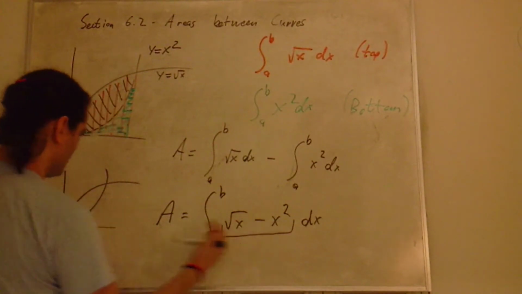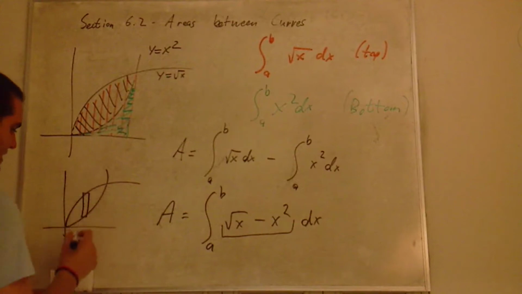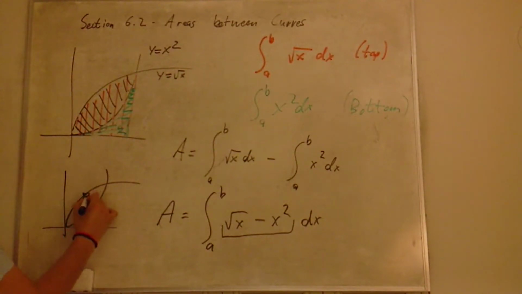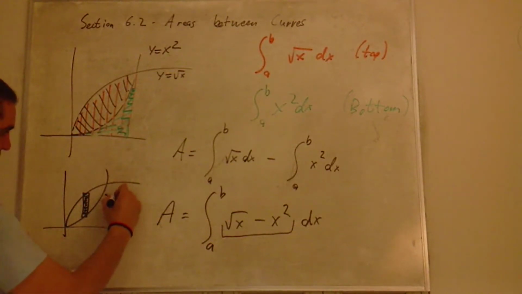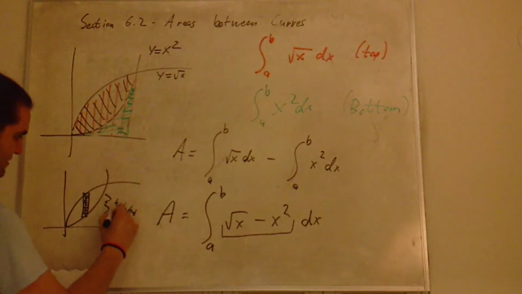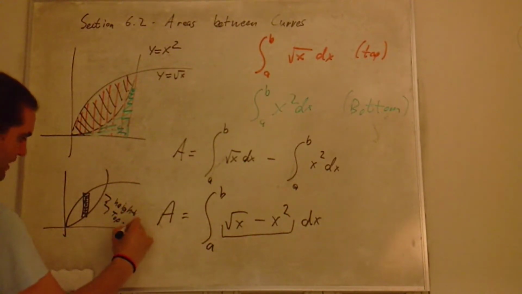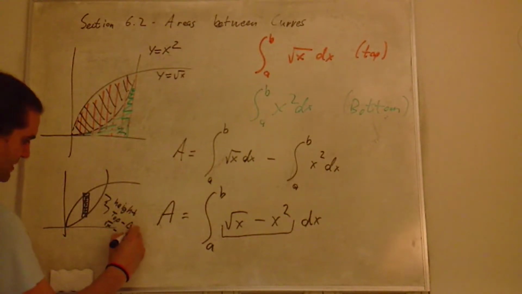The difference between those two things is like taking a rectangle that's this tall. The height of this rectangle is the top minus the bottom. So in our case, that's root x minus x squared.